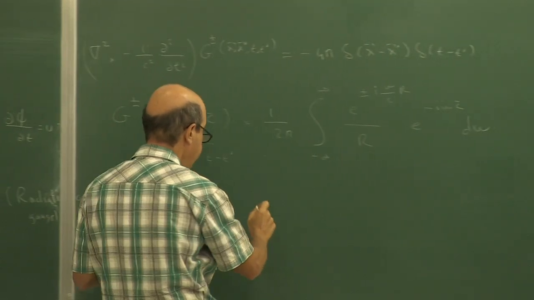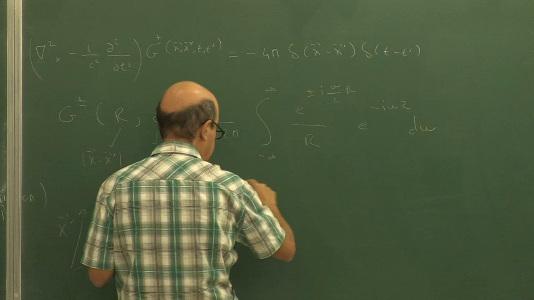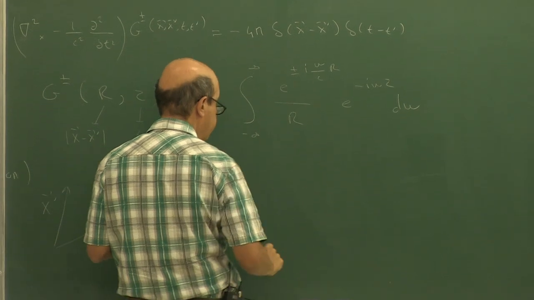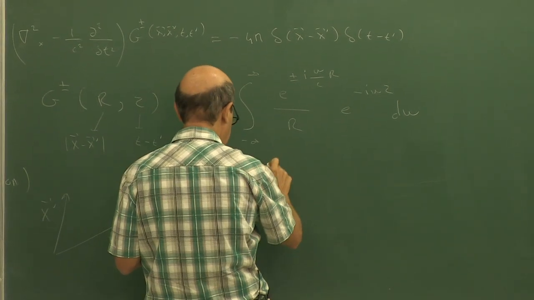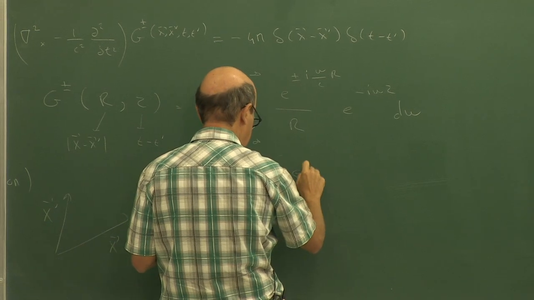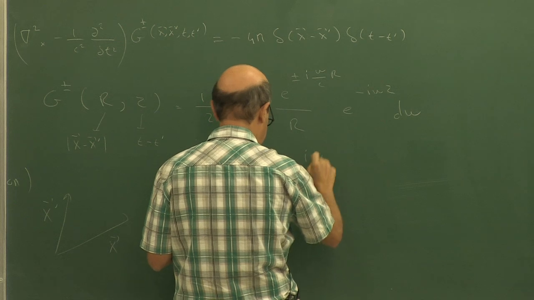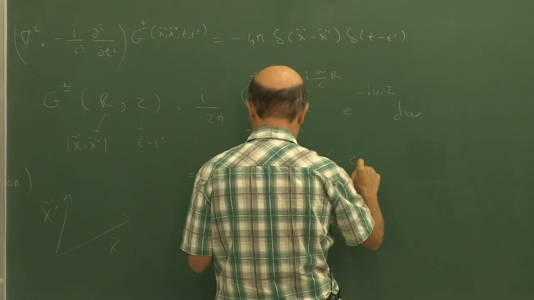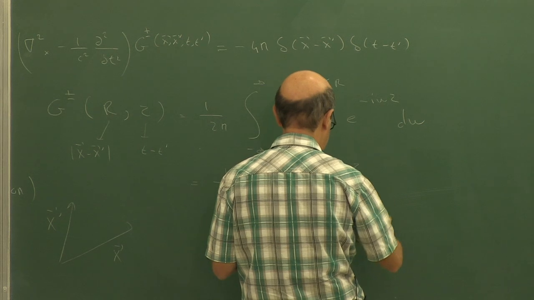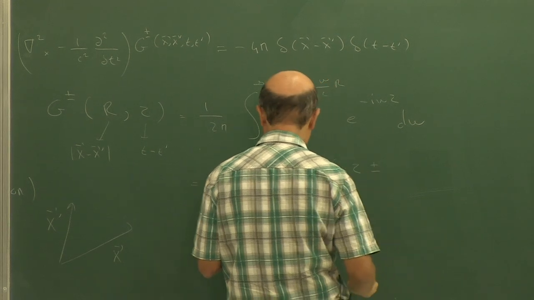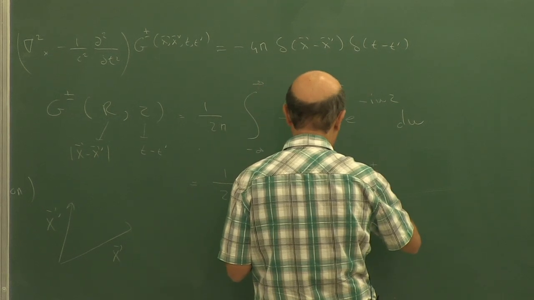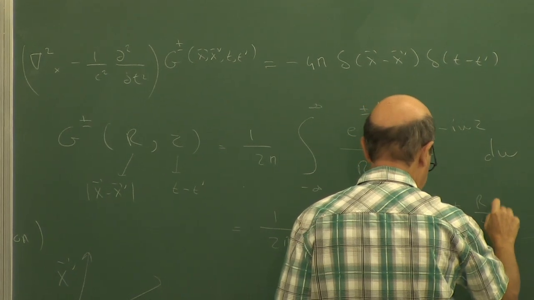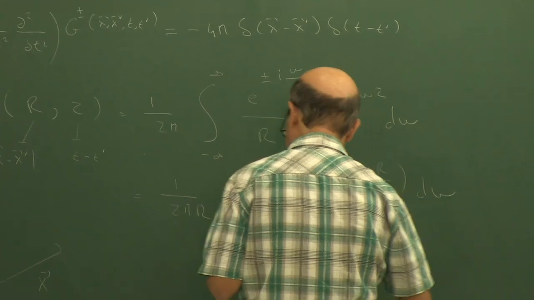That is very easy. You can take the r outside the integral, 1 over r, and this is equal to the integral of e to the i omega times minus tau plus minus r over c, d omega.